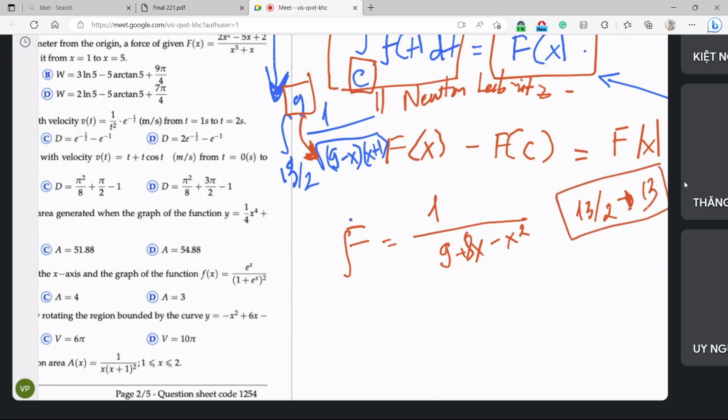Do you understand what I mean here? I change the question into a new question. Find the work done in moving the particle from this point to another point using this force.